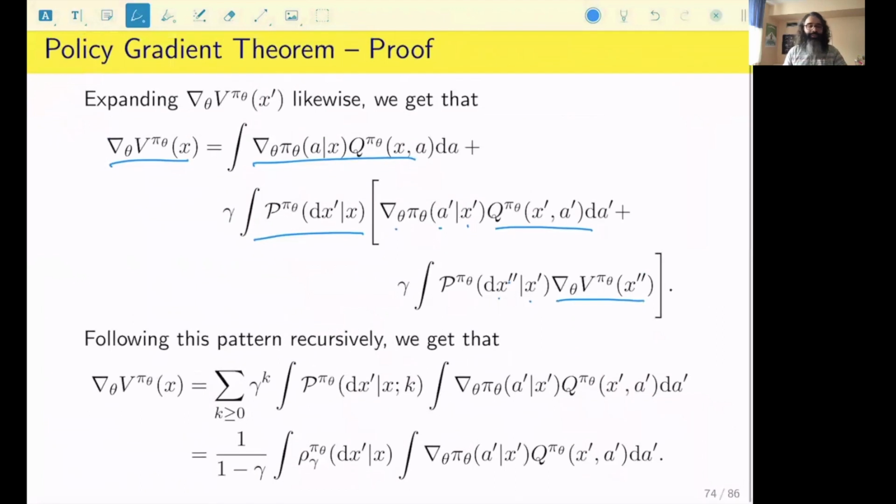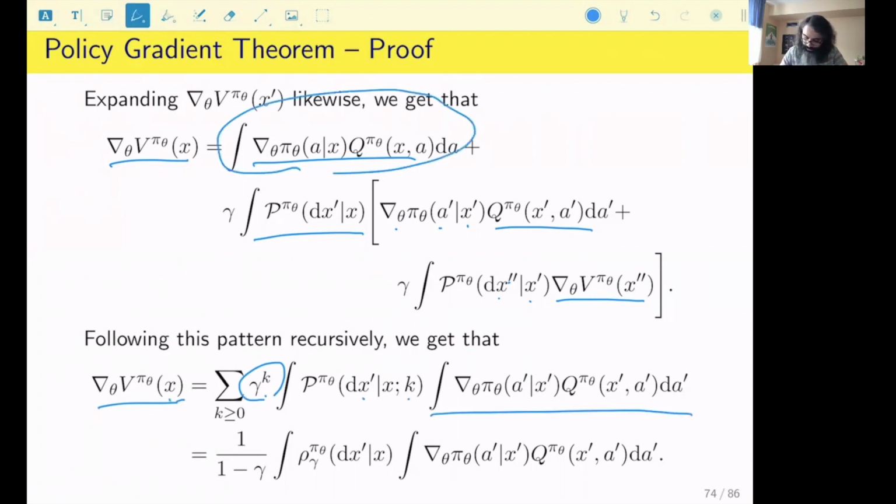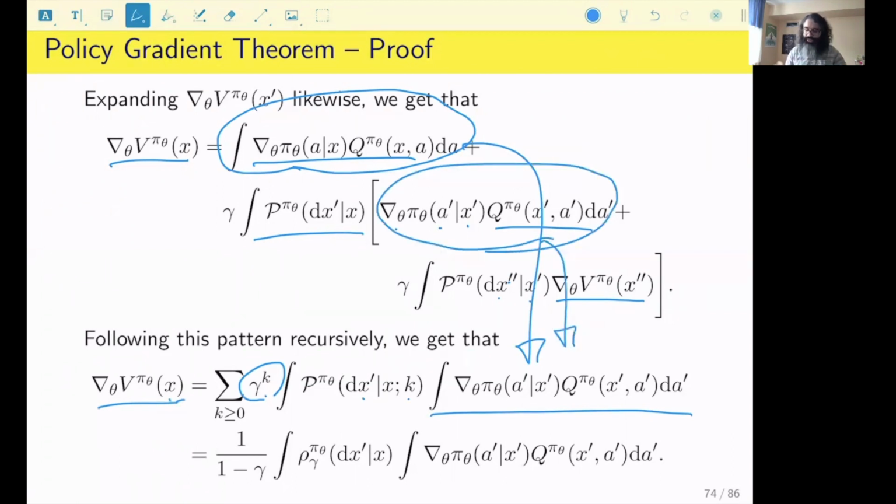If I follow this pattern and expand it recursively, we get this equation: the gradient at state x is the summation over k of gamma to the power of k, of going k steps forward to x prime, of this quantity, which is essentially of this form. The other one is coming from here, and so on and so forth.